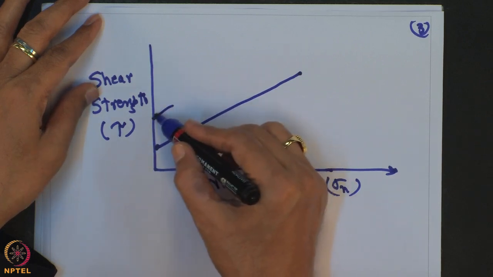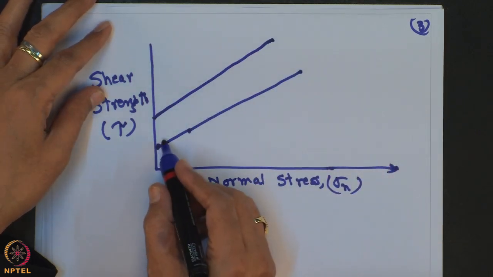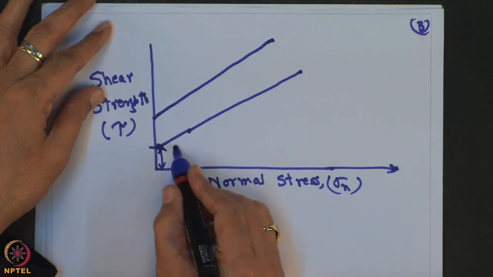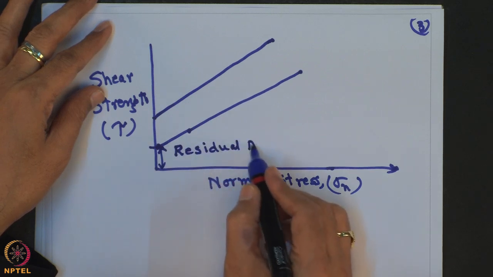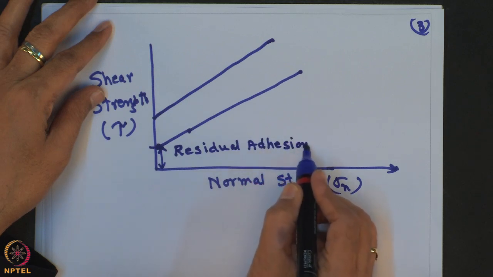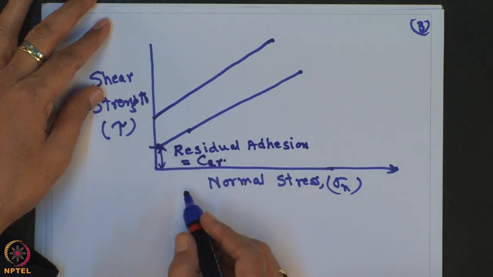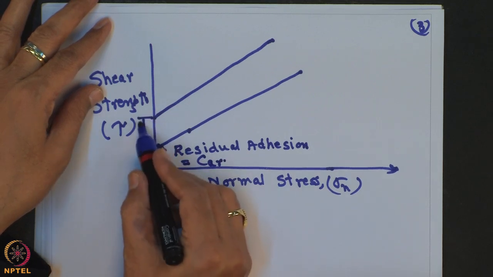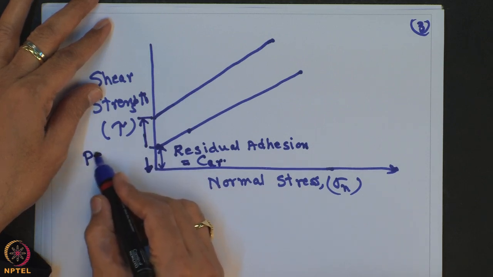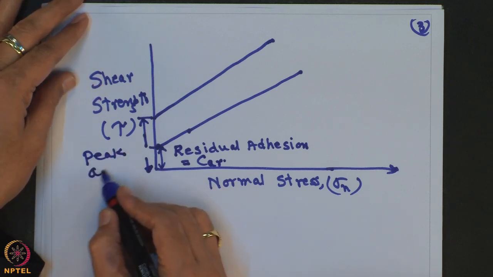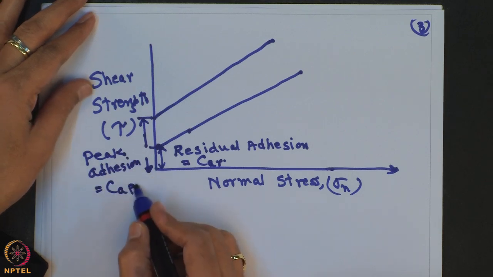and also like this. So, this part is the residual adhesion, designated as C_AR, and this part is the peak adhesion, designated as C_AP.